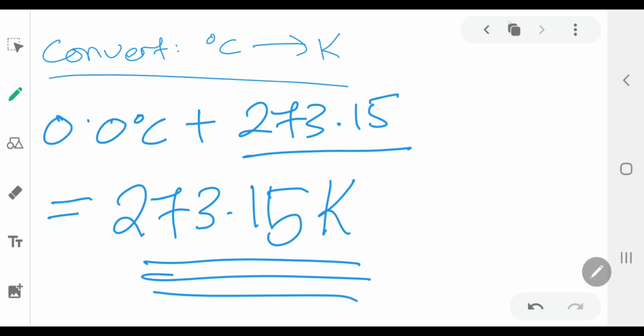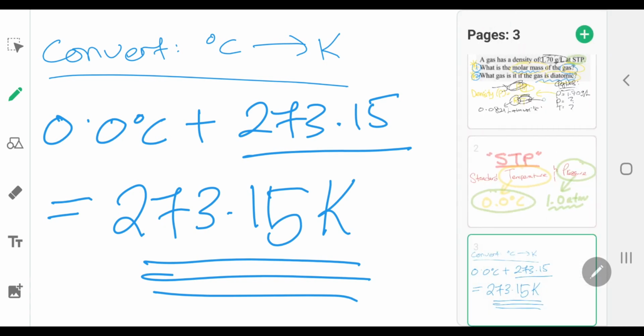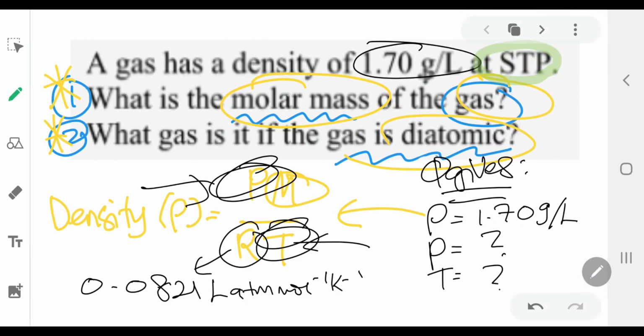what we need to do now is use the density formula. The first thing we need to look for, if we go back here, is the molar mass. We want to find that one.